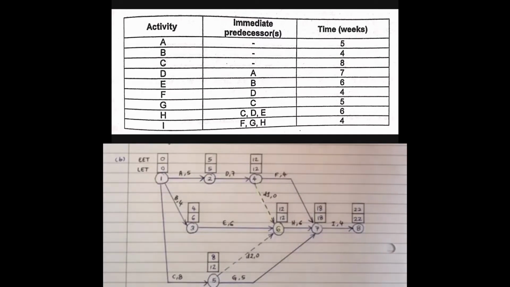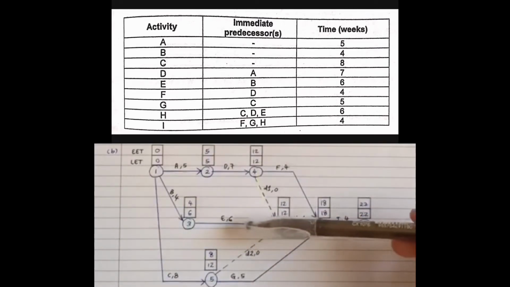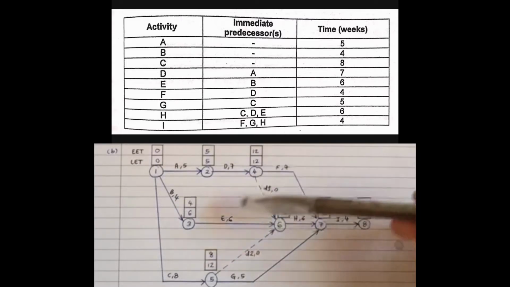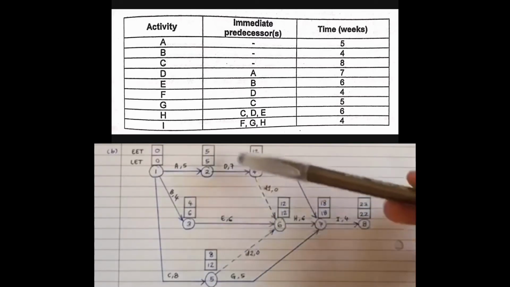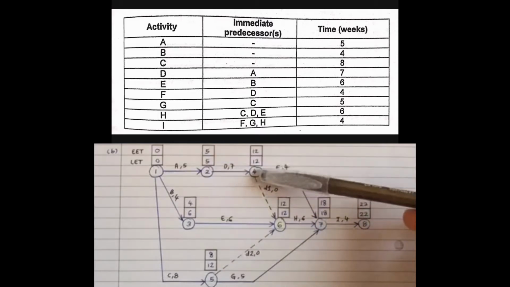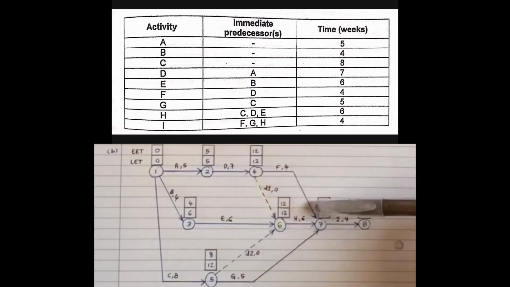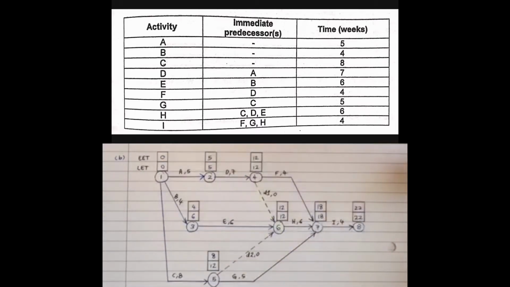Activity H from immediate predecessors C, D and E. Except C and D, only activity E is still available. C is ended at node number 5 to start G, while activity D is ended at node number 4 to start activity F. We want to use C and D to restart it again.